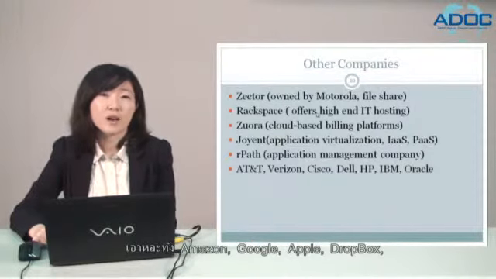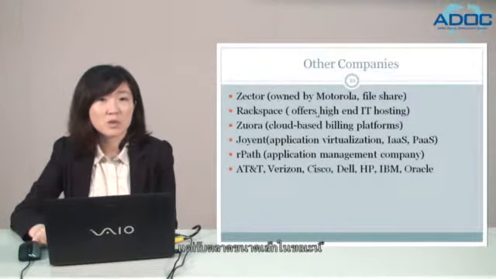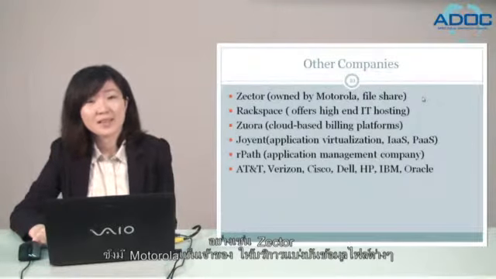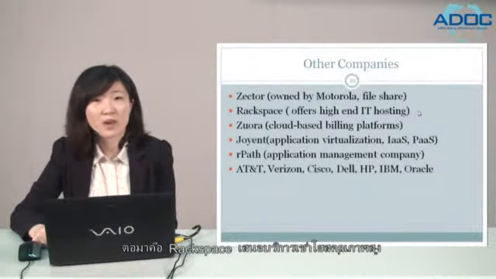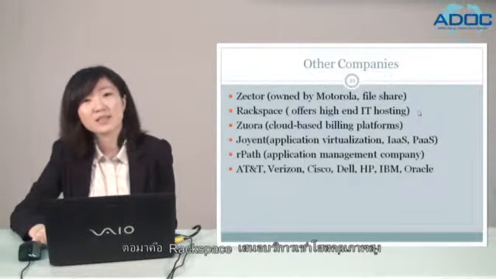Besides those cloud companies mentioned, like Amazon, Google, Apple, Dropbox, there are still many cloud companies which are very competitive, but with smaller scale in the market now, such as Zactor, which is owned by Motorola. Basically, it's a file share service. The next one is Rackspace, which offers high-end IT hosting.